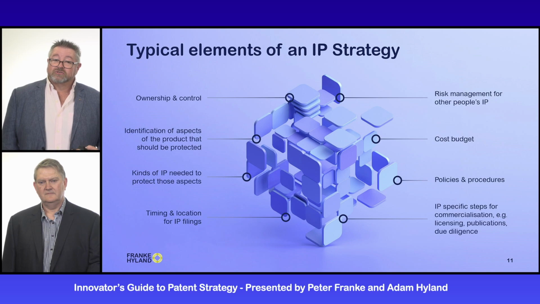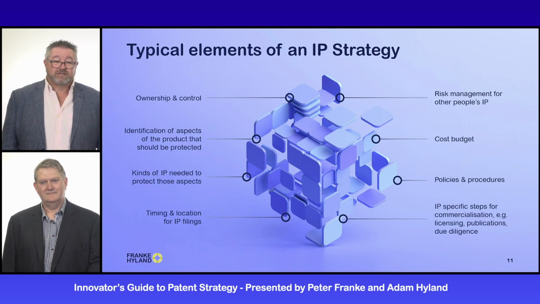So that then leads us on to what type of IP is going to be needed to protect those different aspects of your invention. We need to think very carefully about the timing and location for filings. There's never a perfect time to start your IP application process. Usually we've got to do things probably quicker than people necessarily want.